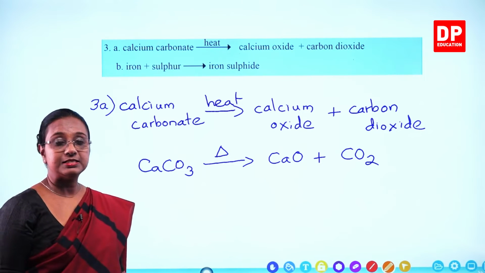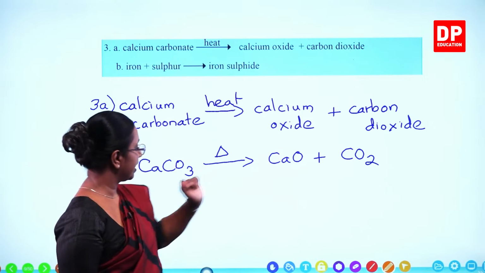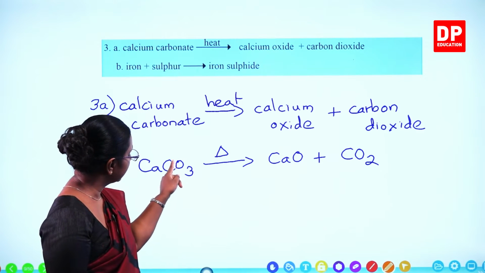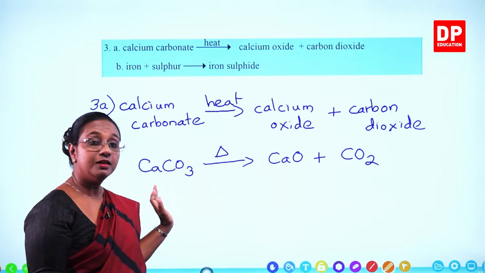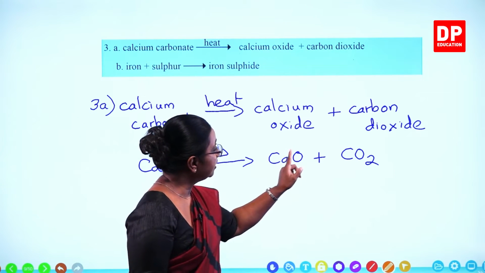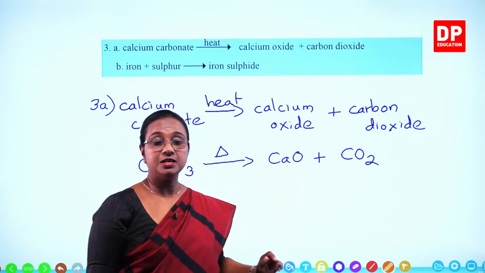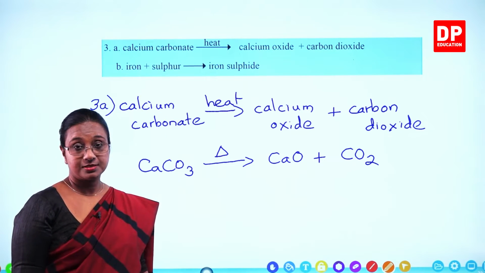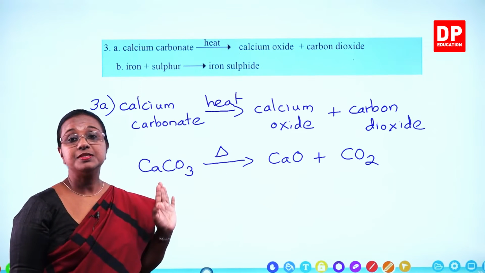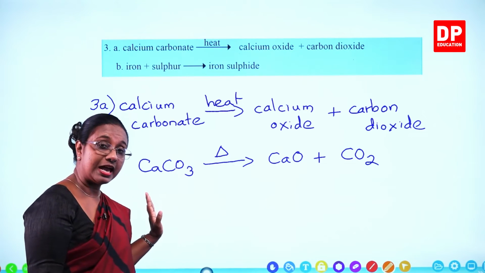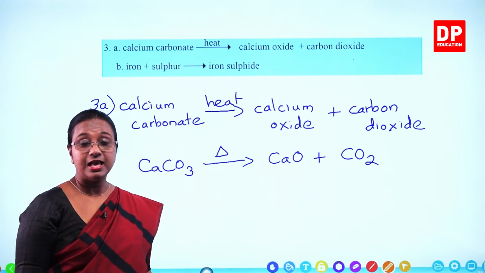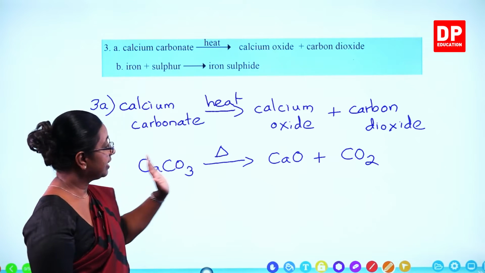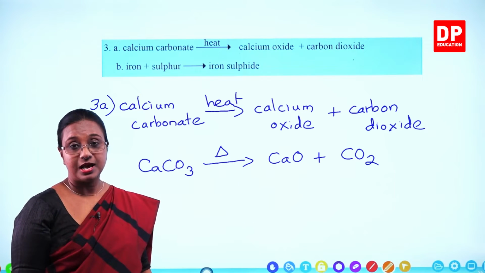Now we need to balance it. 1 calcium, 1 calcium. 1 carbon, 1 carbon. Oxygen, there are 3 oxygen atoms on the reactant side and 1 plus 2 oxygen atoms here. So there are 3 oxygen atoms in the products. Atoms of each element are equal on the reactant side and the product side.